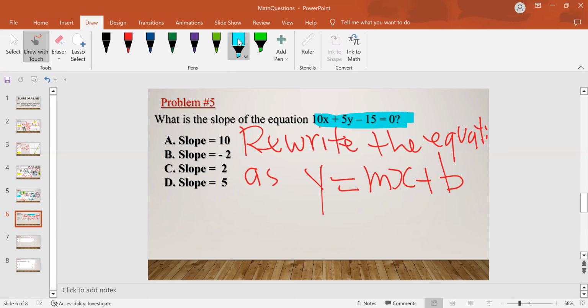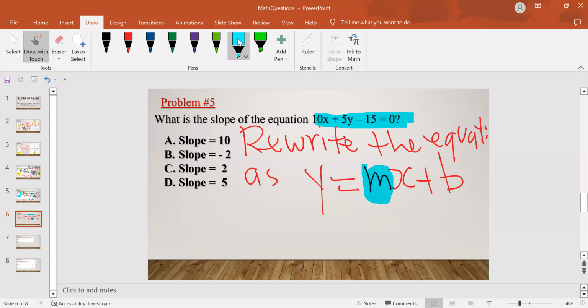And that m, which is the letter we use for the slope, is that number you will see in front of the x. They call it the coefficient of x.